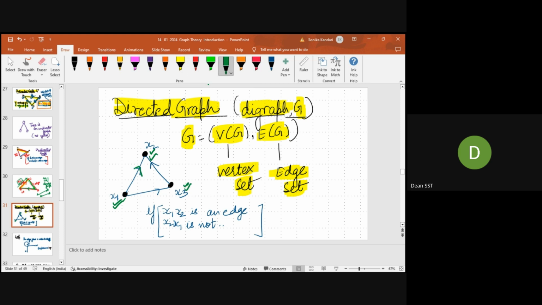See the direction of the edges: x1 to x2, x3 to x2, and x1 to x3. Is x1 to x2 an edge? Yes. But is x2 to x1 an edge? No, it is directed. Is it clear?